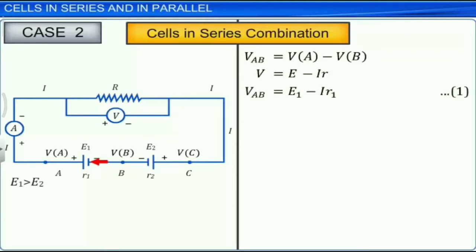VBC is equal to minus E2 minus I into R2. That is equation 2.